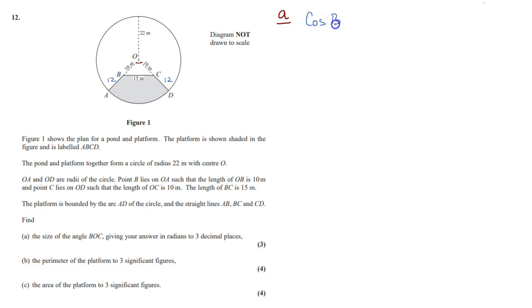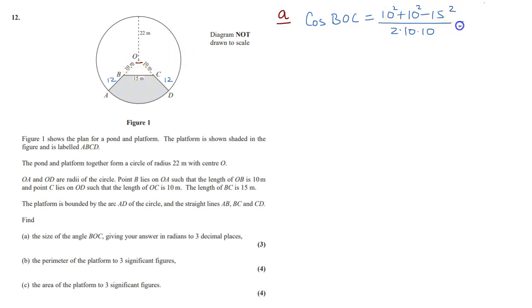So cos BOC is equal to the square of the adjacent, this 10 square, plus 10 square, minus the side which is opposite to the angle we are finding, 15 square, over 2 multiplied by 10 multiplied by 10. There is no confusion at all. When we are finding this angle, only this side is negative and we write it once only.